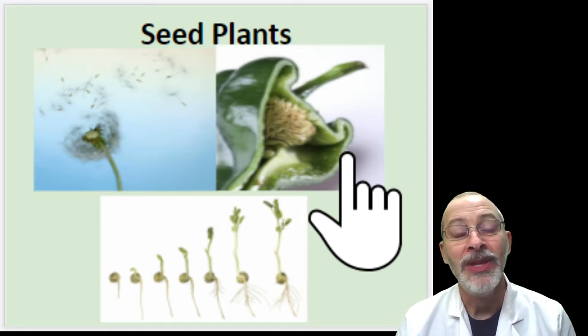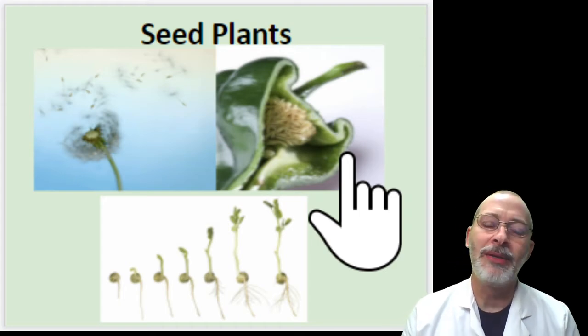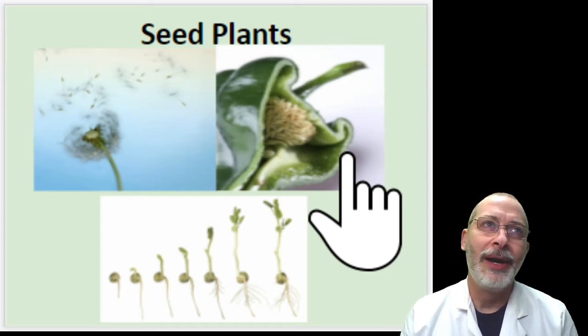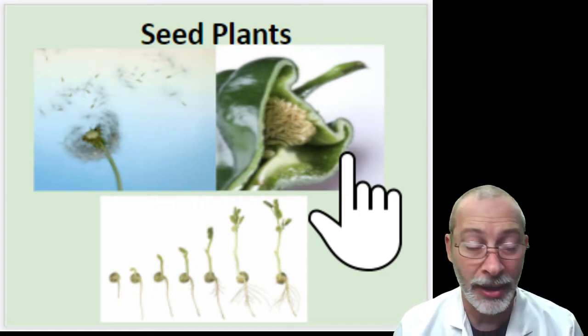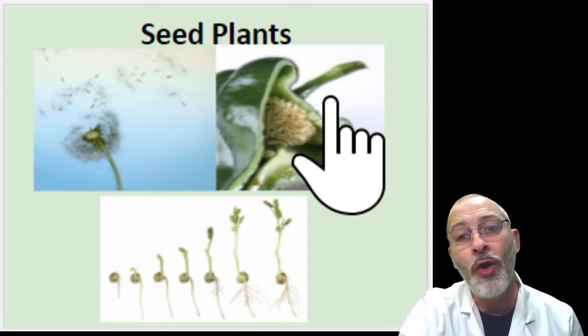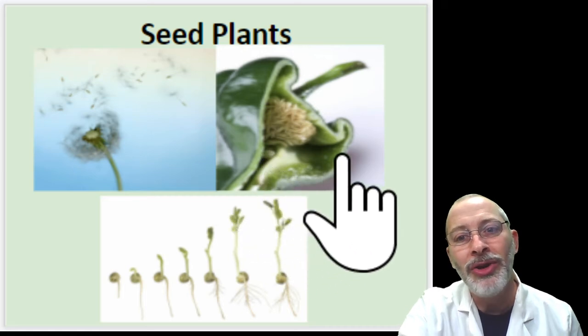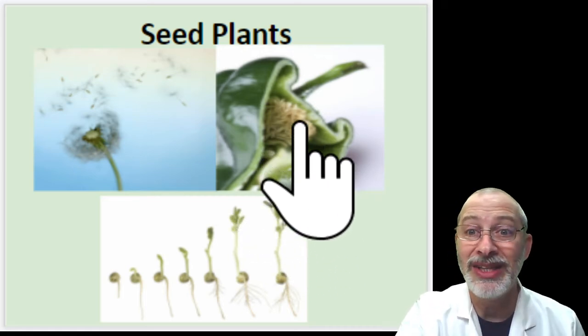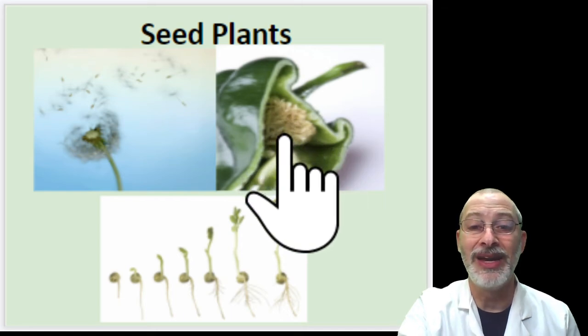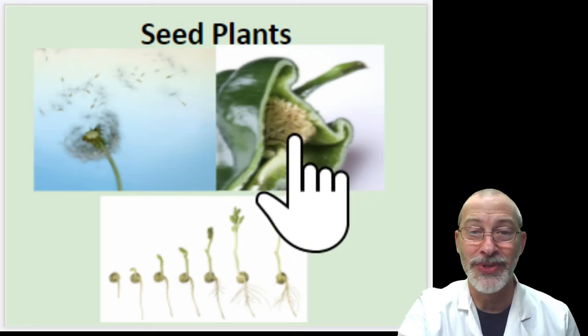Maybe some red peppers in a tomato sauce. But hot peppers, no way. It'll burn a hole right in my stomach. But if you were ever to cut open a pepper, you'll notice that they are also loaded with seeds. Lots and lots of seeds in there. So here's just a couple of examples.